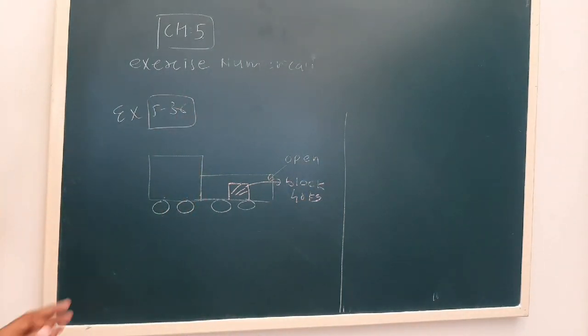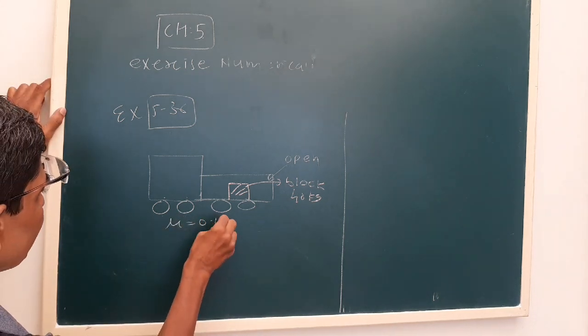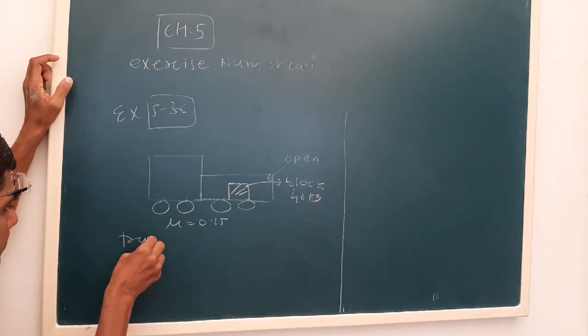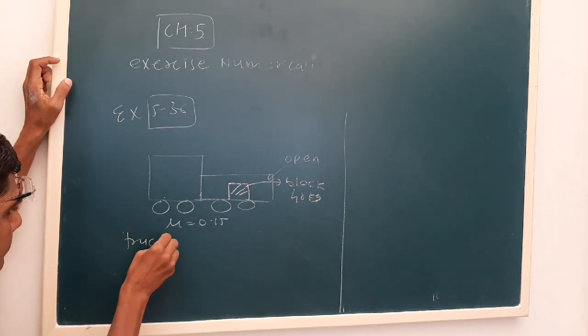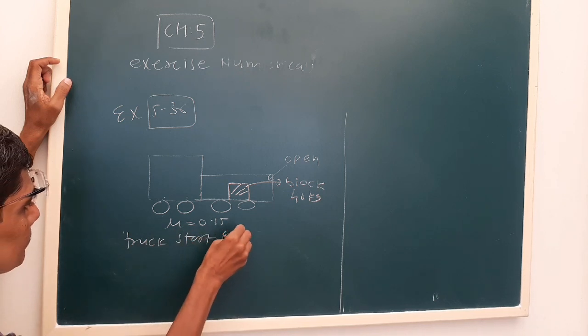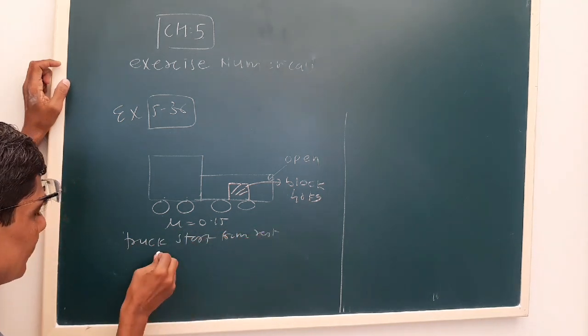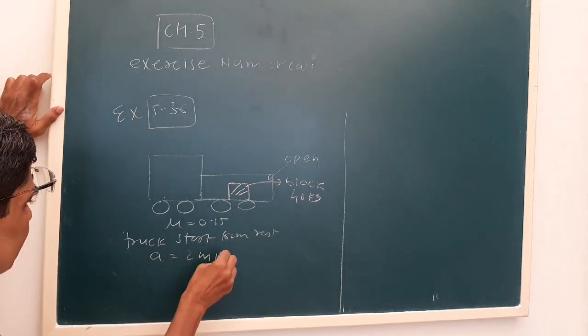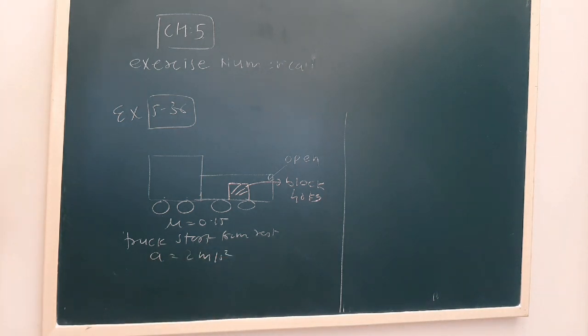Now see the coefficient of friction is 0.15. See, a truck starts from rest and moves with the acceleration of 2 meter per second square. Okay, starting from the rear.